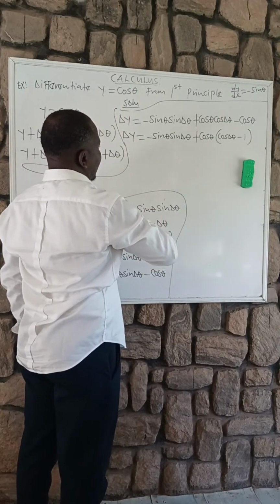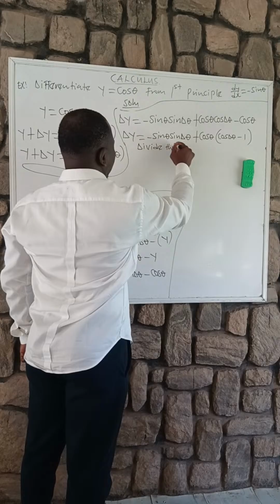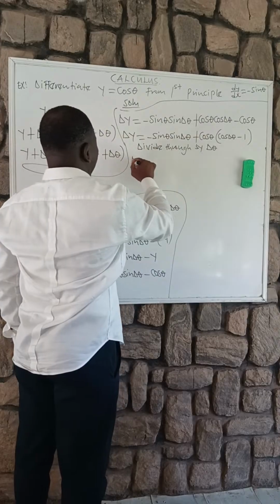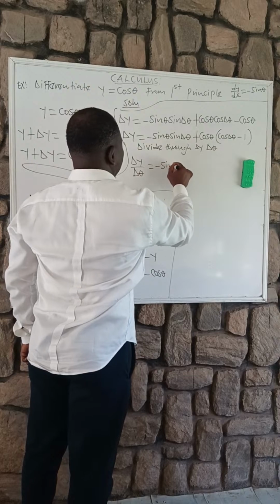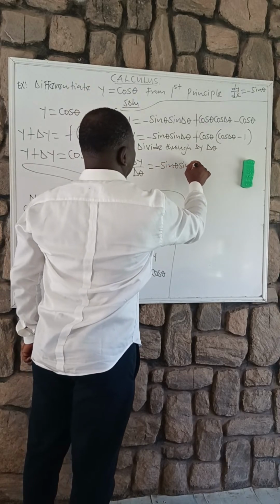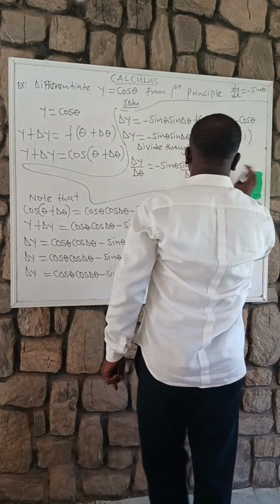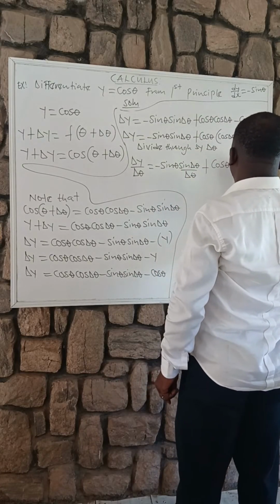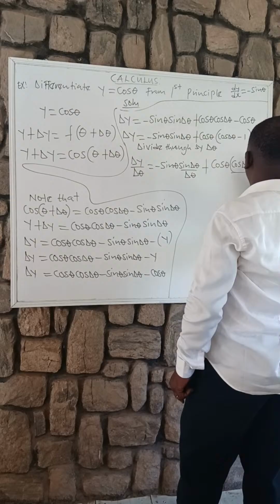What we need to do here, we have to divide through by d theta. So it means our dy all over d theta is equal to minus sin theta sin d theta all over d theta, then plus cos theta, open bracket, cos d theta minus 1, all over d theta.